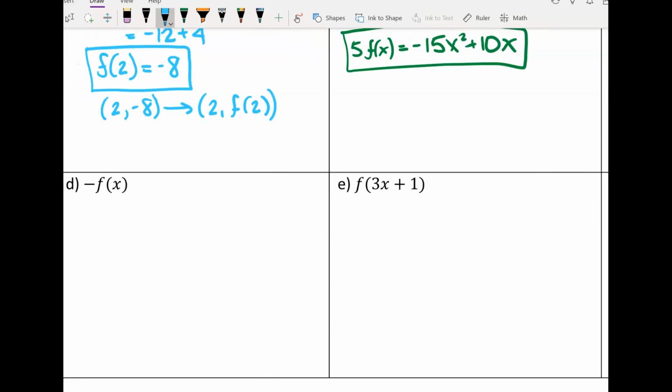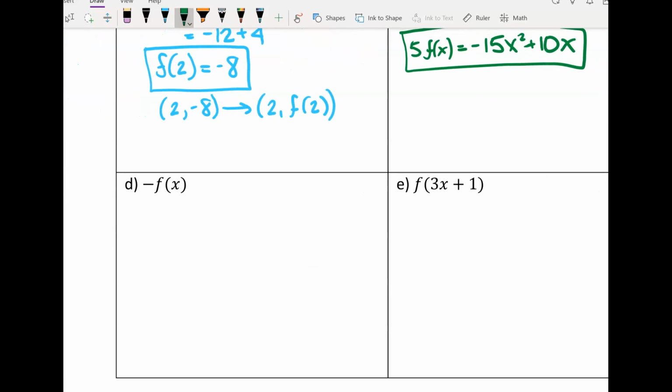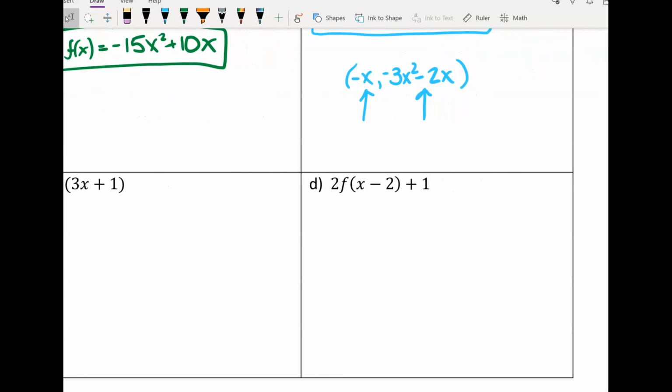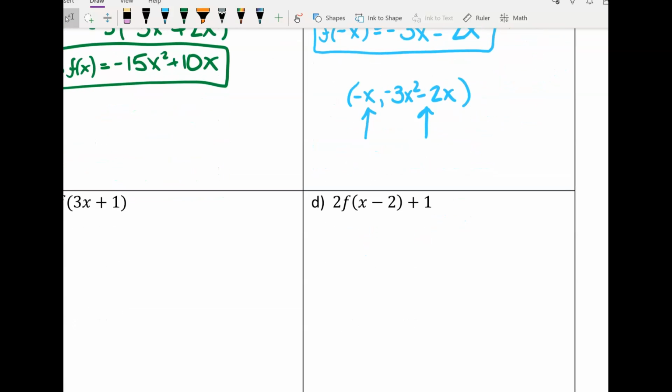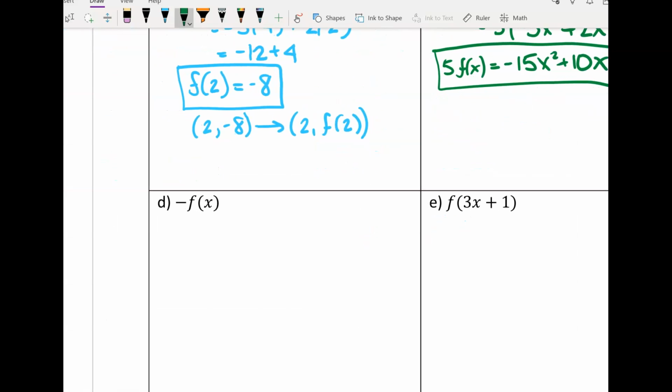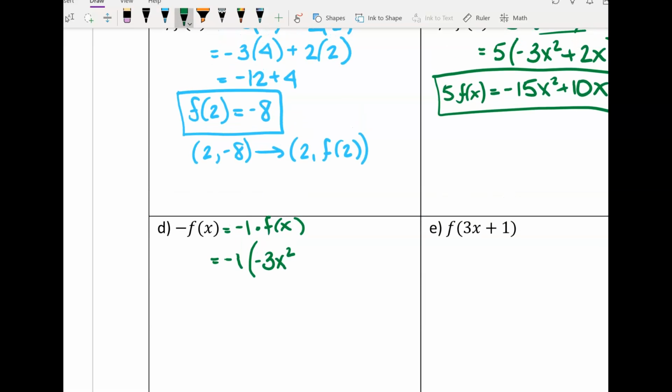Input and output. Okay, for D, similar, but notice the negative, unlike C, is on the outside. So this is saying I would like to take negative 1 and multiply it to our function. So we get a negative 1 times negative 3x squared plus 2x.